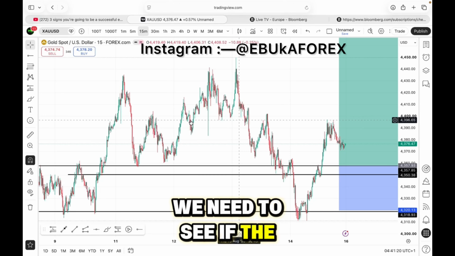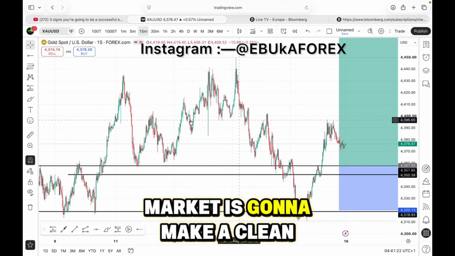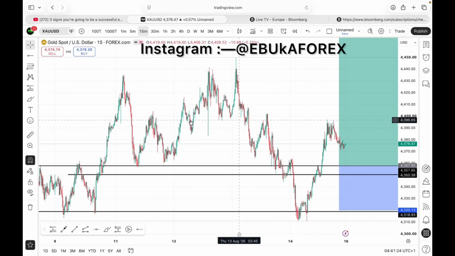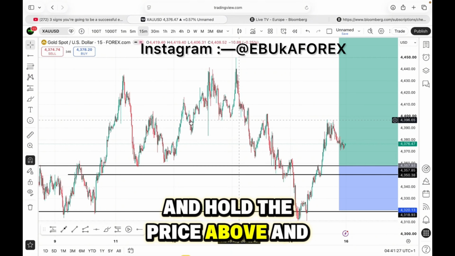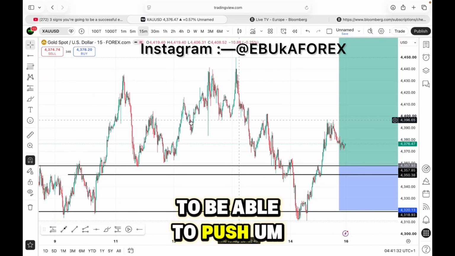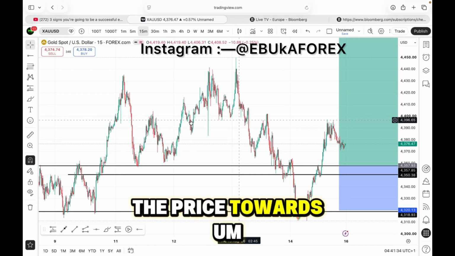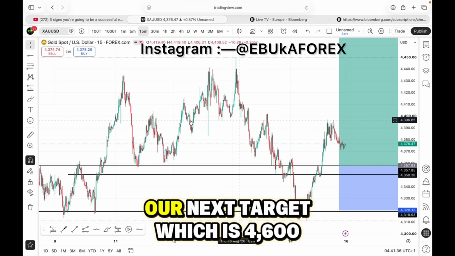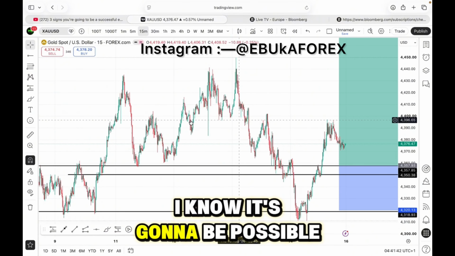We need to see if the market is going to make a clean break and hold the price above that resistance to be able to push the price towards our next target, which is 4,600. I know it's going to be possible.